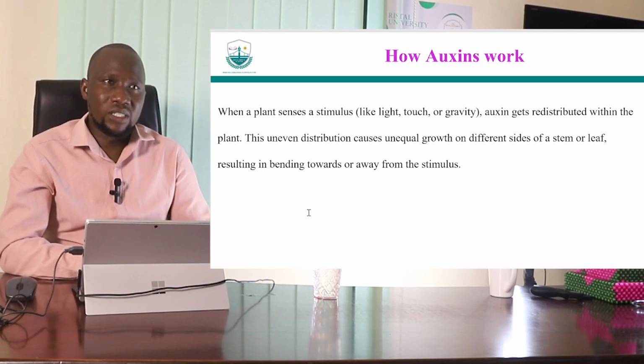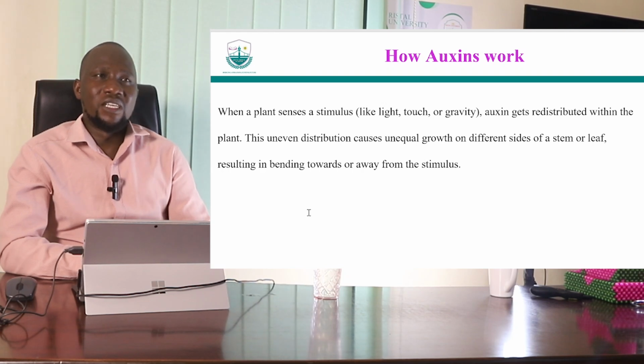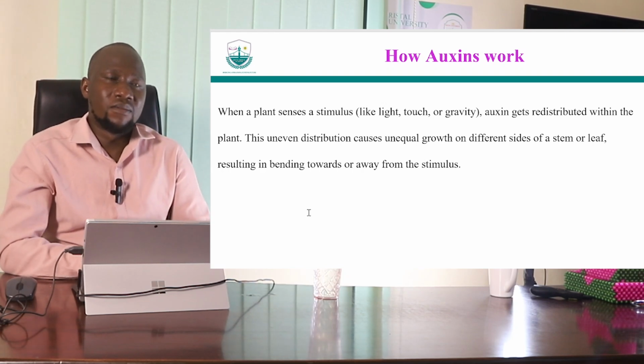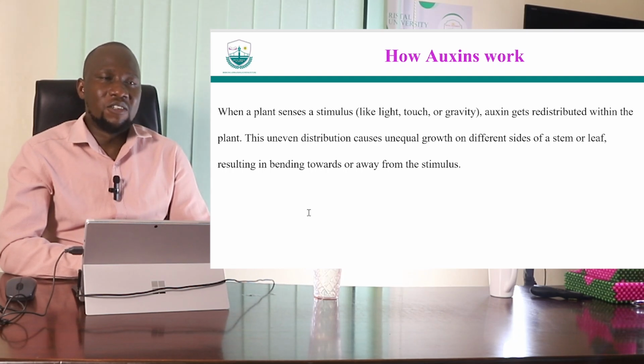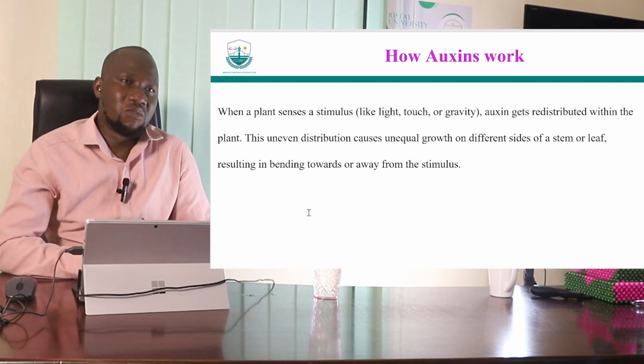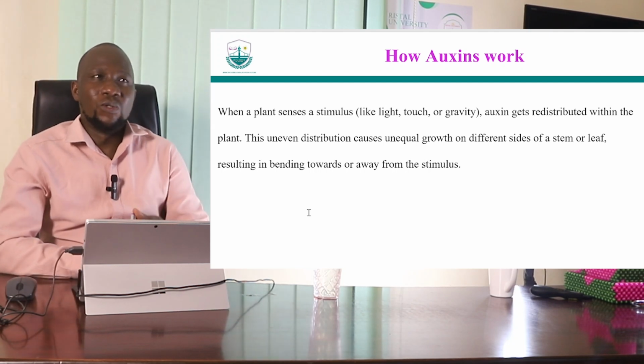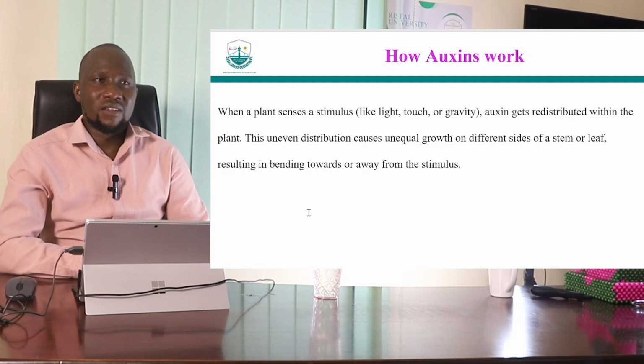Auxins promote cell elongation, and they are always produced around the tip of the shoot or the tip of the root systems, and the different concentration levels influence which part grows more compared to the other.